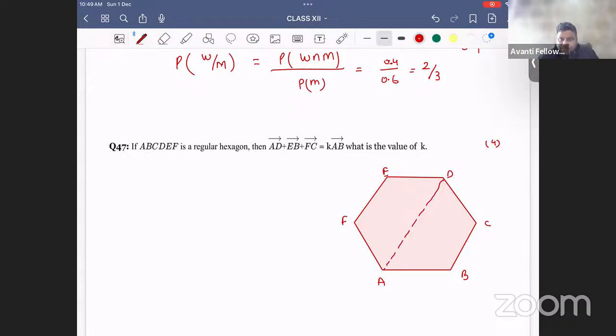All right. Let us assume this is vector A. Let us assume this is vector B. Now see, AD is what? AD is going to be 2 vector B, double of the length.